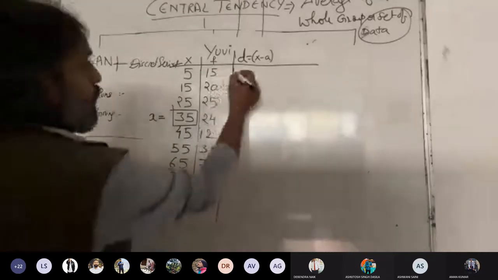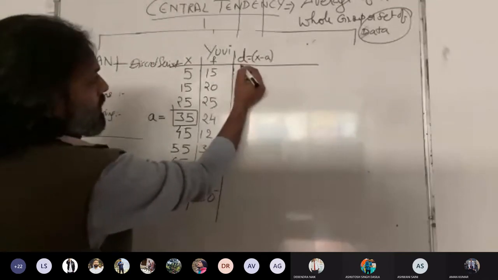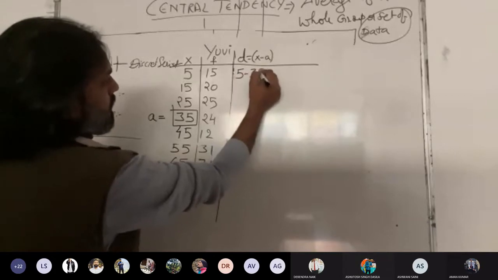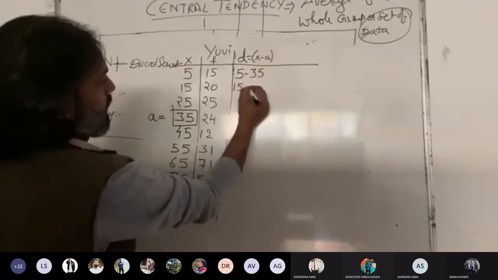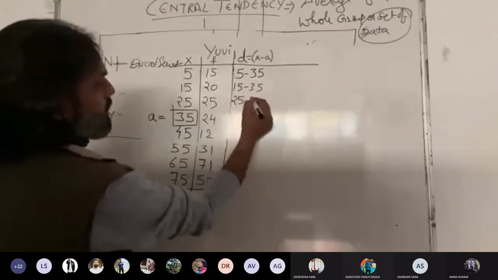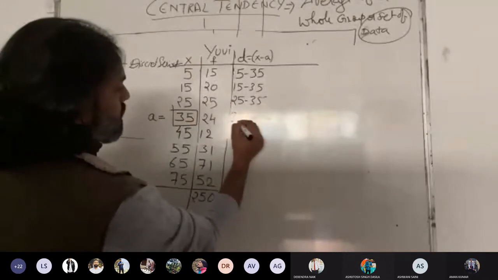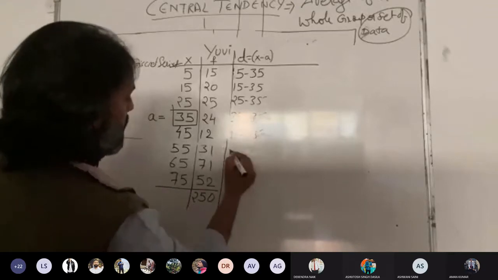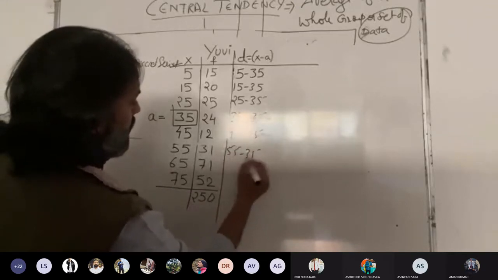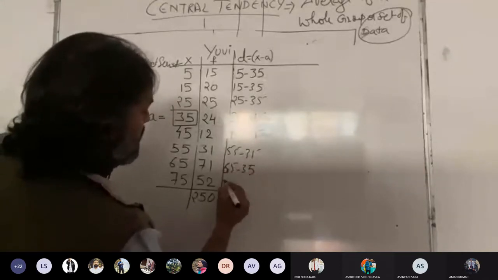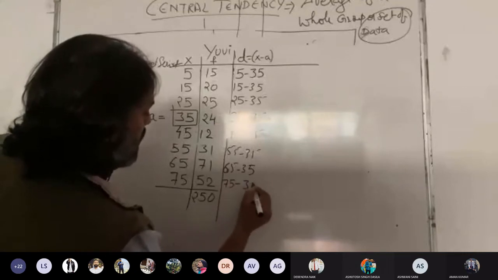The derived number is 5 minus 35, 15 minus 35. The arbitrary number is 35. I'm reducing all the x with a common number, which we call the arbitrary number, so that we get a smaller fraction to calculate.